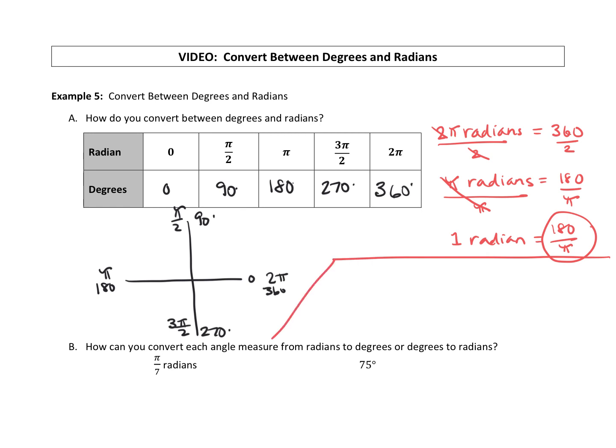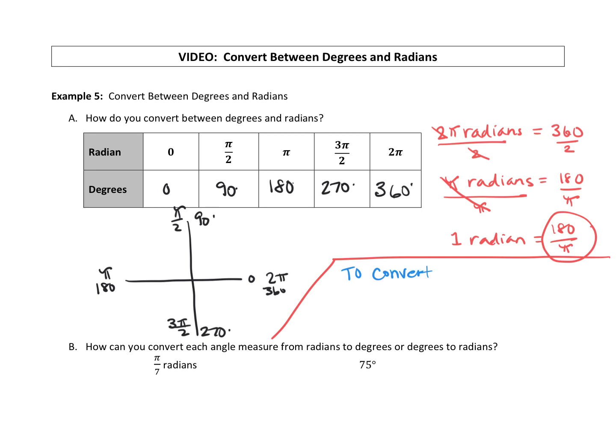So let's put a note in here. To convert between radians and degrees, sometimes we just know, like we know pi is 180. You're going to get familiar with these common ones.